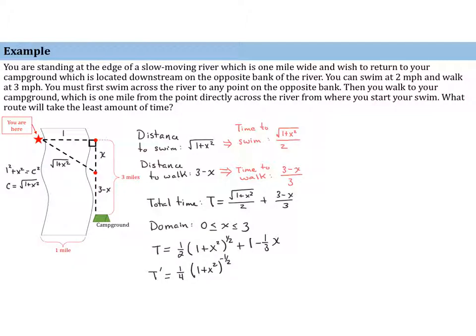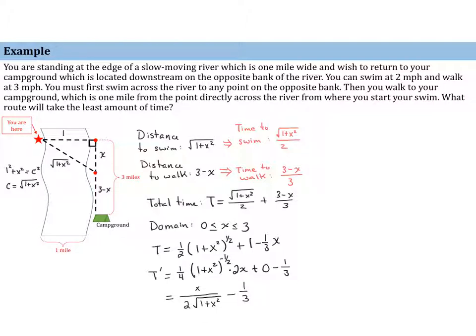Now don't forget to take the derivative of the inside, which would be 2x. The derivative of 1 is 0, and the derivative of negative 1/3 x is negative 1/3. So t prime is going to be x over 2 square roots of 1 plus x squared, then subtract 1/3.